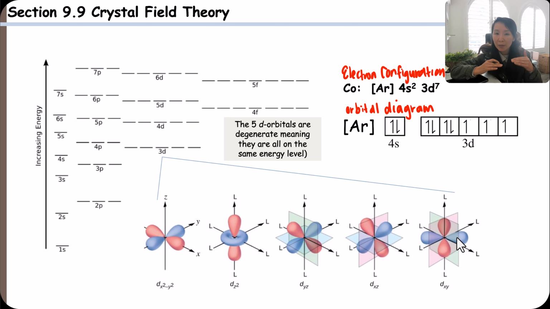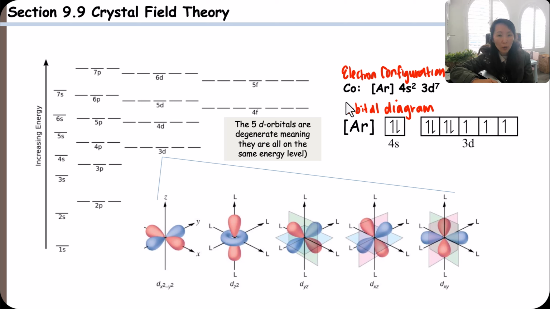They're on the same energy level. 3d is definitely different from the 4s and the 3p and 4p, right? But the individual shapes in here are all at the same energy level, meaning that the electrons within these shapes carry that same energy.